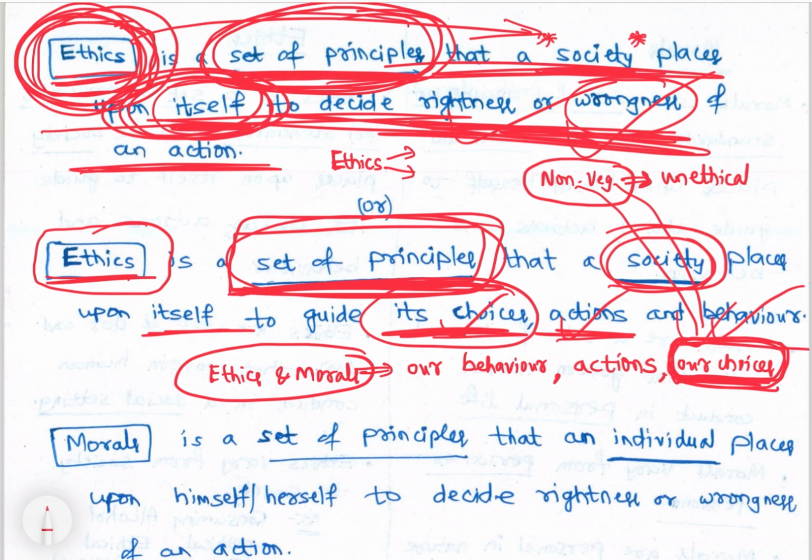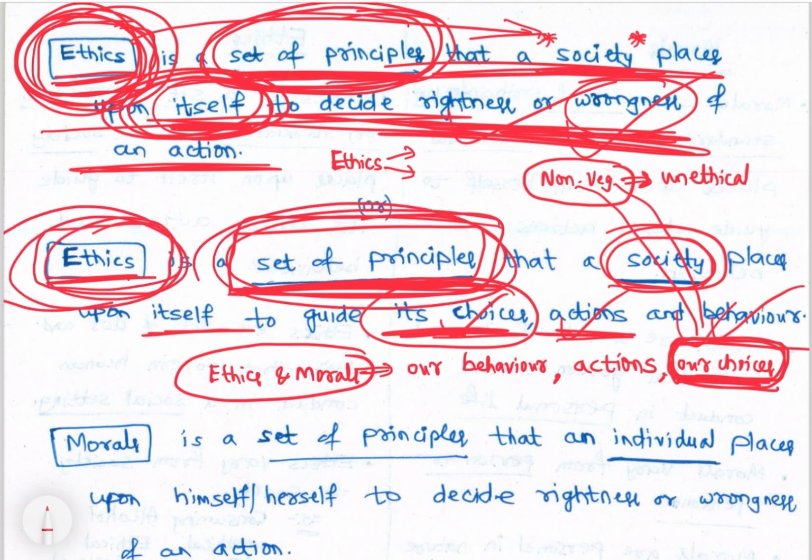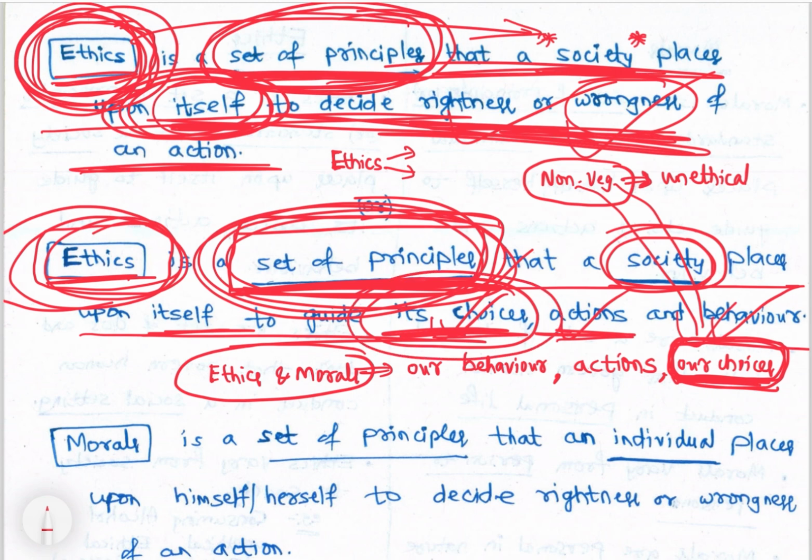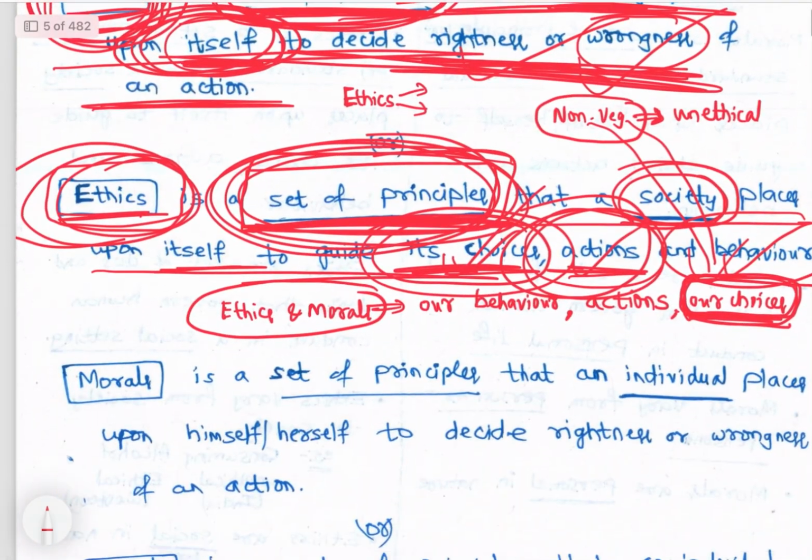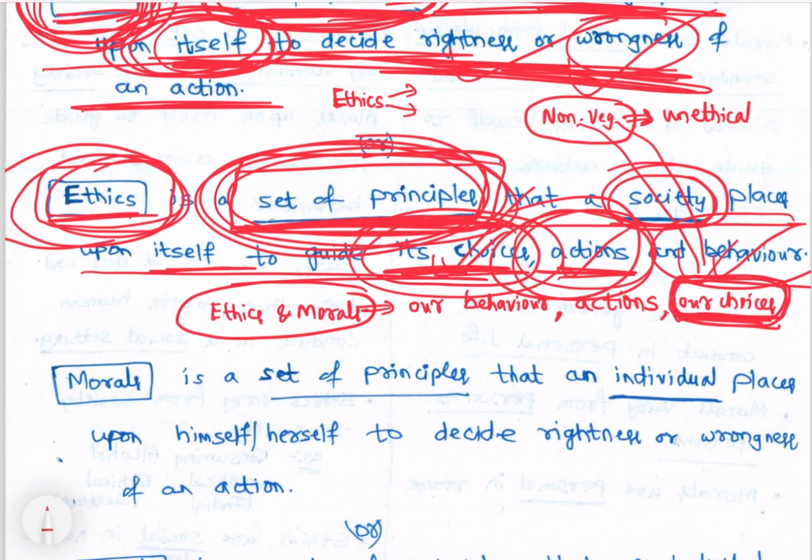So based on our ethics, our own set of principles that society places upon itself to guide its choices, we decide what choice to make about our food, about the partner, the community of the partner, and choices about our actions and our behavior. All these are guided by our ethics.